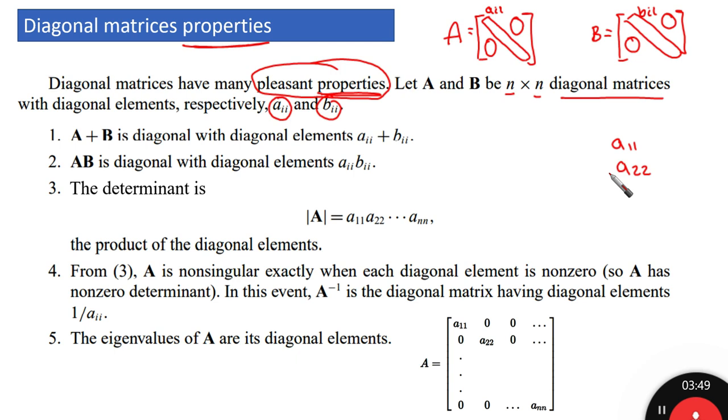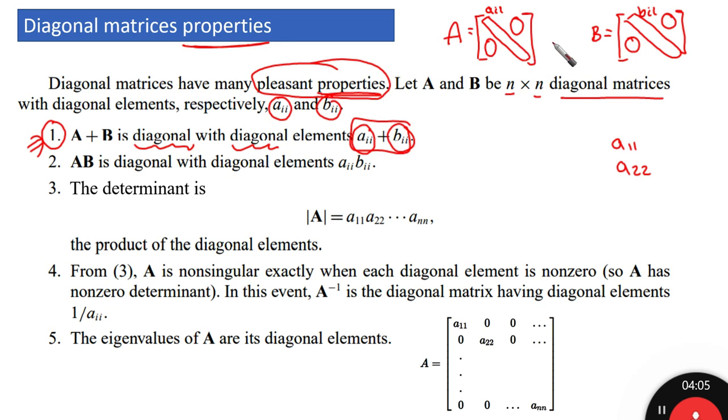The first property that we can find for diagonal matrices is that A plus B is diagonal with diagonal elements a_ii plus b_ii. This is very easy.